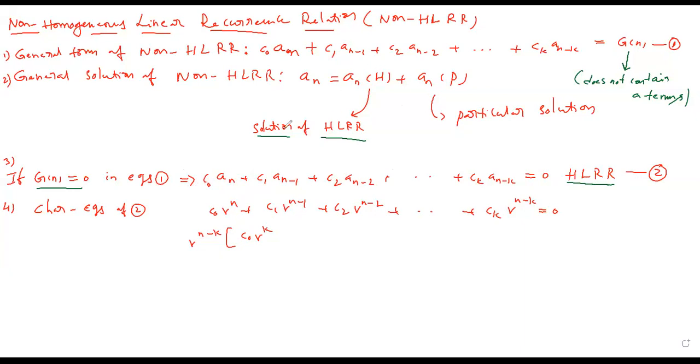So in the solution, the first part is the solution of the homogeneous linear recurrence relation. Equation 2 is the HLRR. Now we require the solution of this one. How to find the solution? I clearly explained in the previous class.